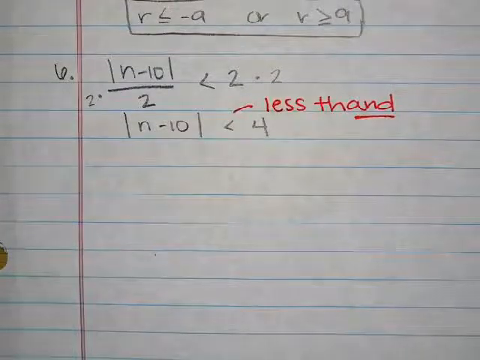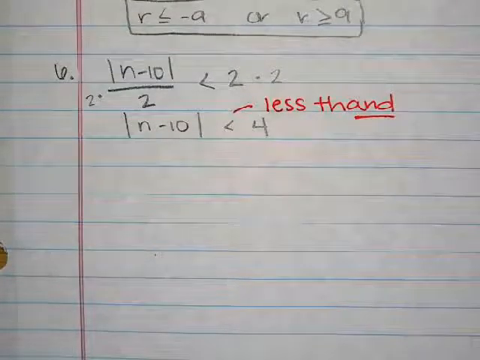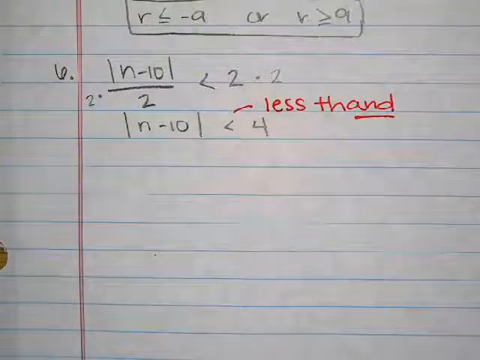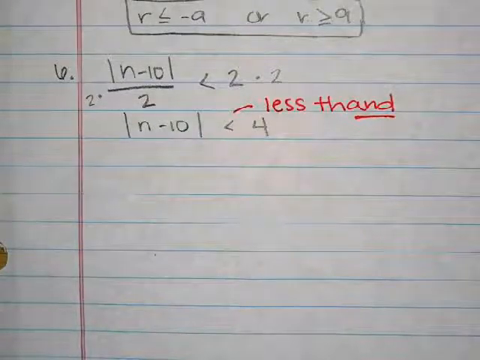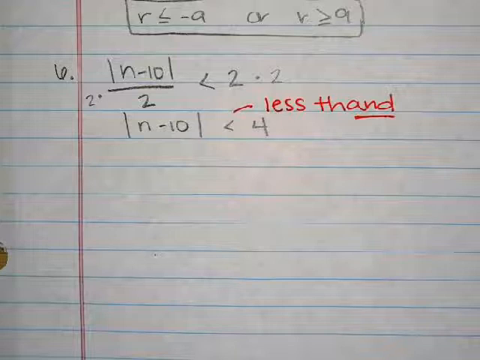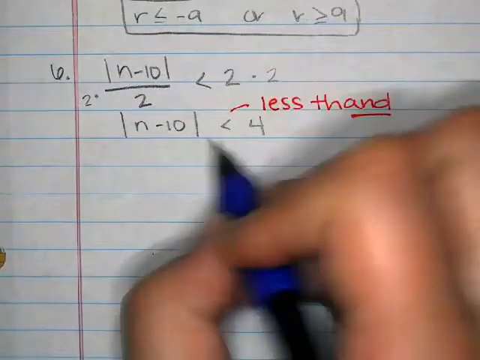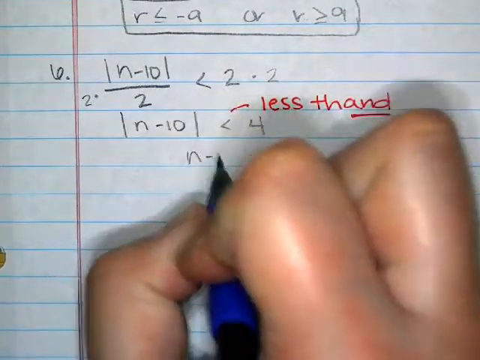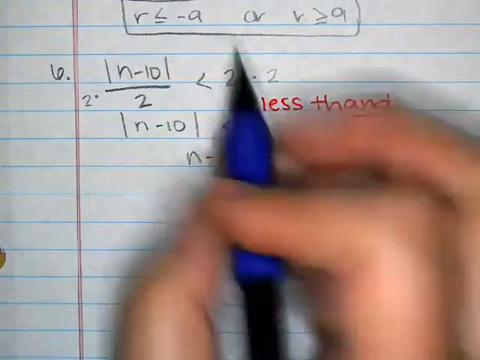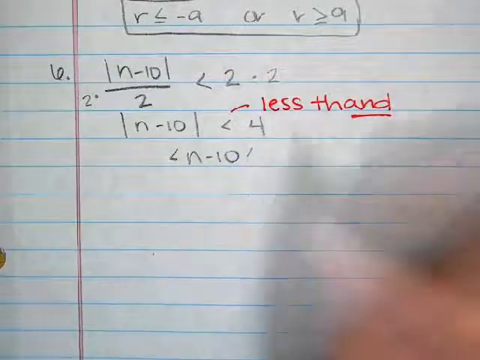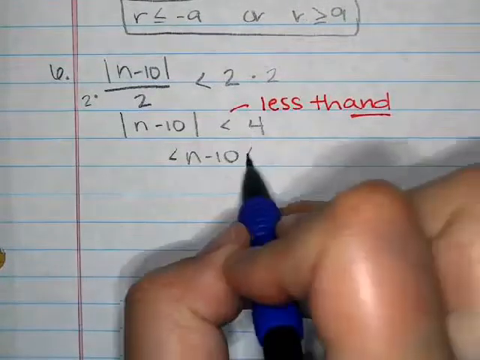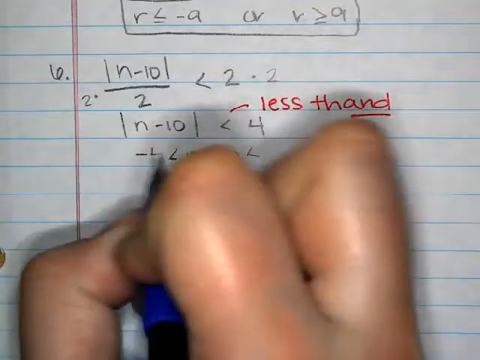So is it saying it's in between the two numbers, or the numbers go opposite directions? It's in between. So we're going to write the n minus 10, and then I'm going to take the symbols, and those are in between -4 and +4.